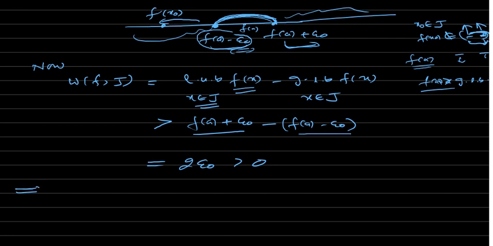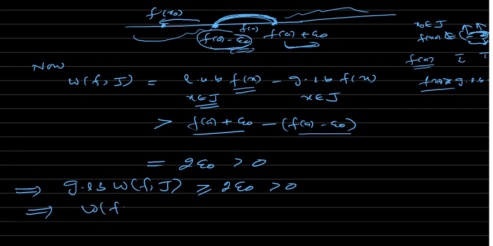Now you apply GLB, because G is any bounded open interval containing a. So the GLB of the oscillation of f over G is greater than or equal to twice epsilon naught, a positive number. So the oscillation of f at a is positive.